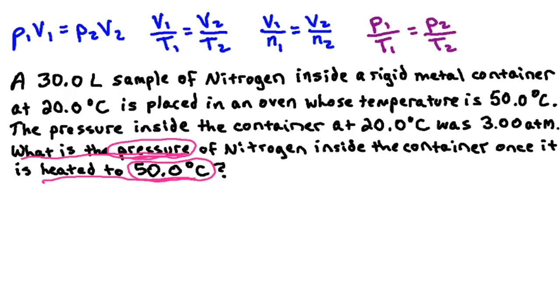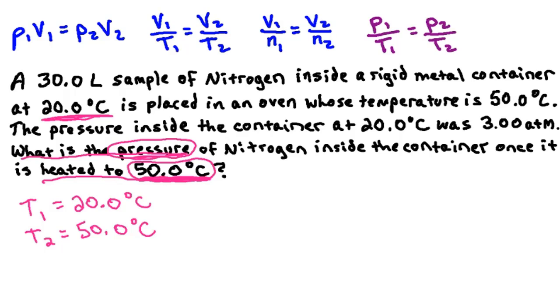Our first temperature, the temperature we started with, is 20.0 degrees Celsius. And our second temperature, our ending temperature, is we heated it up to 50 degrees Celsius. So that's our T2, 50 degrees Celsius.